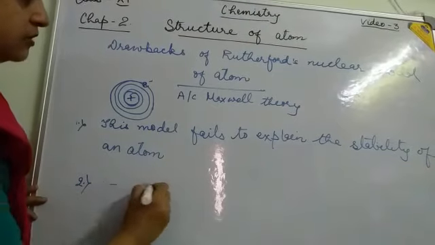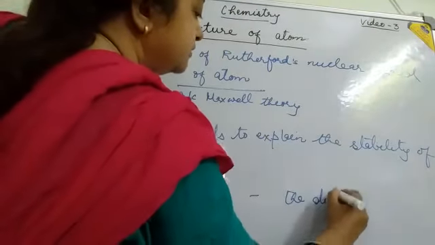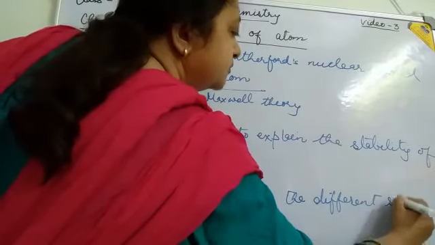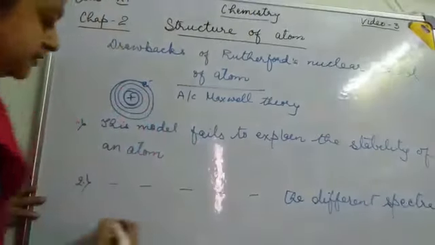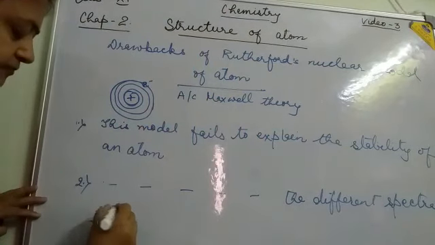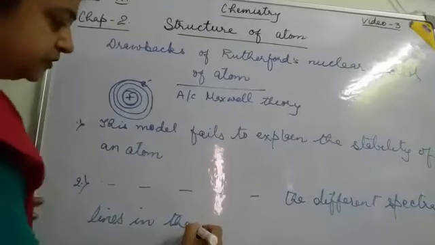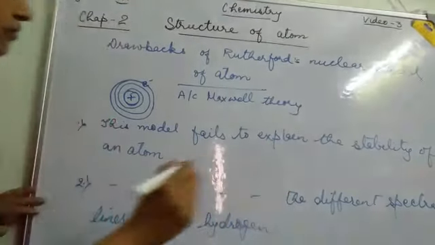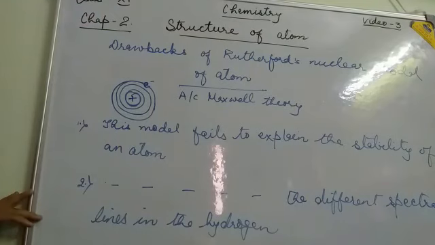This model fails to explain the different spectral lines in the hydrogen. So these are the drawbacks of Rutherford nuclear model of atom.